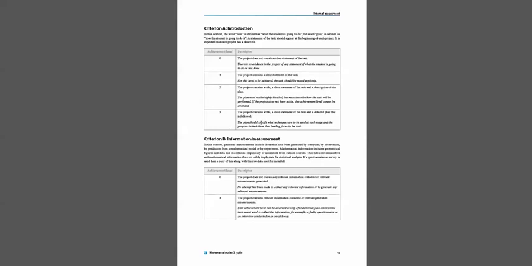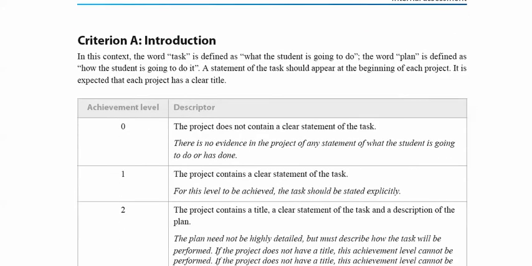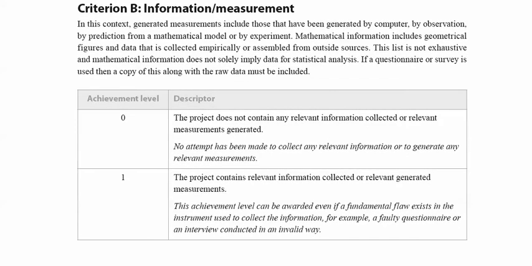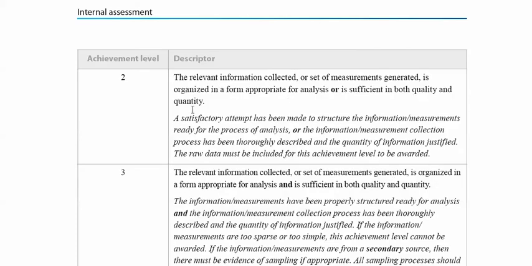Criteria B is about the data, the information you've collected. Now, 0 marks is for the project does not contain any relevant information at all. 1 mark is when the project contains relevant information collected or relevant generated measurements. 2 marks are awarded for relevant information collected or a set of measurements generated, and the data is organized or is sufficient in both quantity and quality.